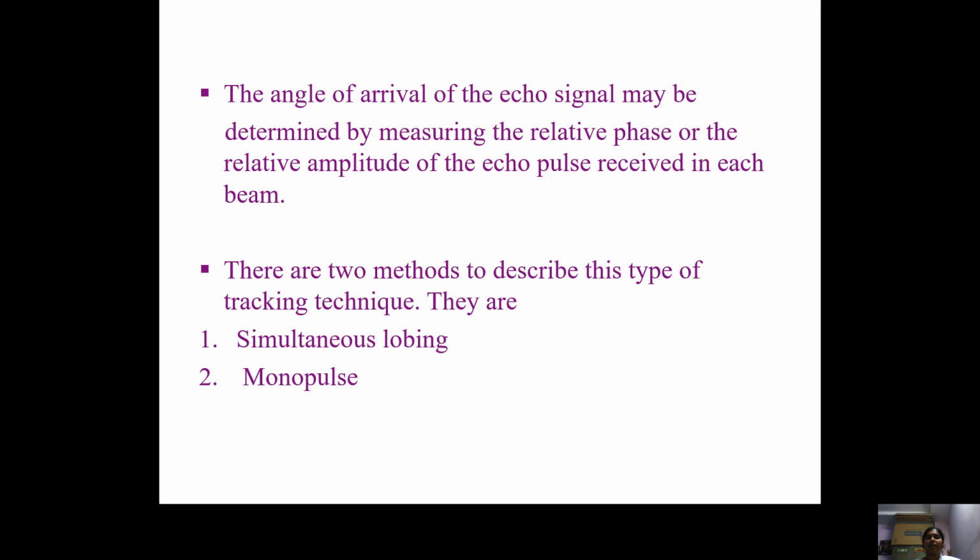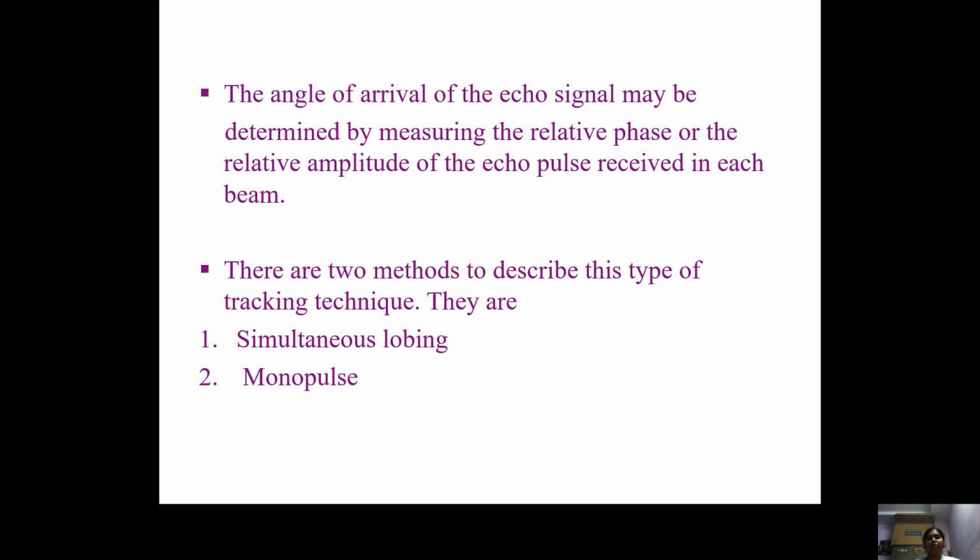In this lecture we are going to discuss the technique where we compare the relative amplitudes of the echo pulses received at the receiver section. In the next session we will see how the phase is detected for detection of the angular error.